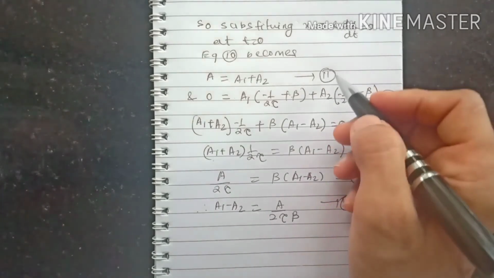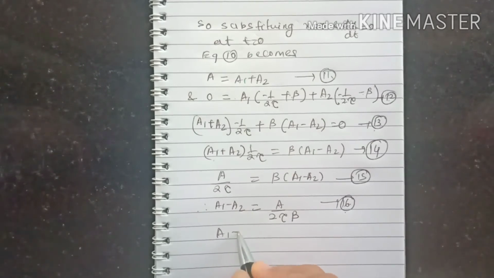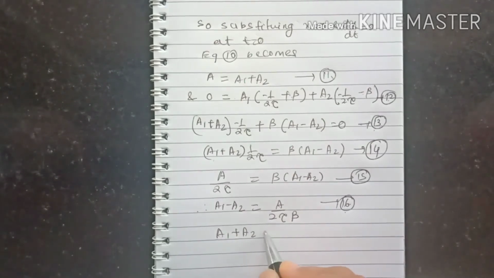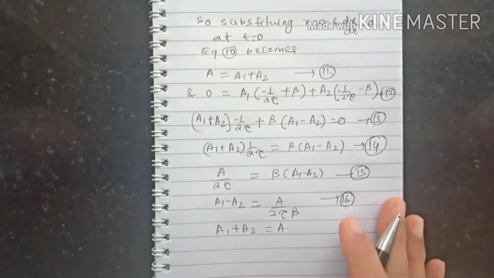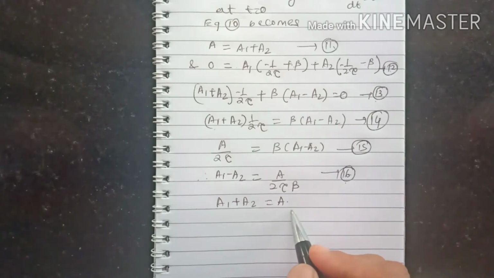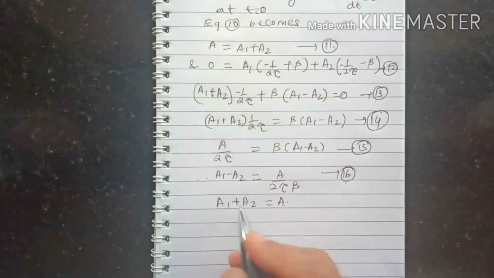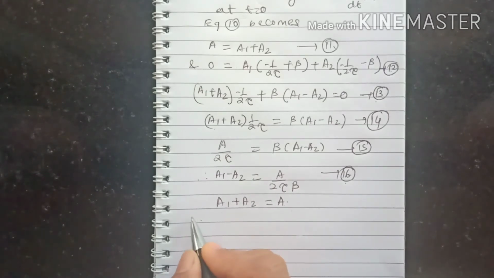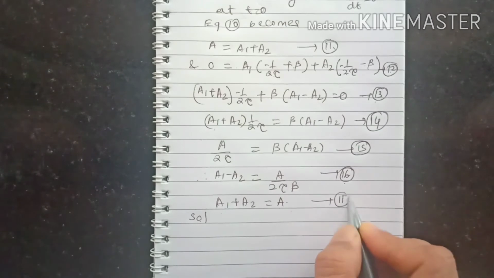Okay, now look at the 11th equation and the 16th equation. We will write the 11th equation again so that we can solve for a1 and a2. Solving, you can add and subtract. When added, we get a1.